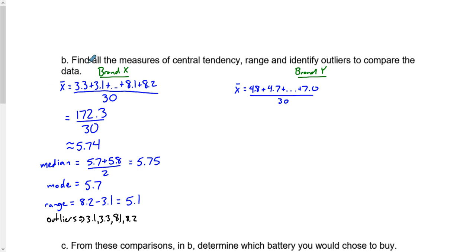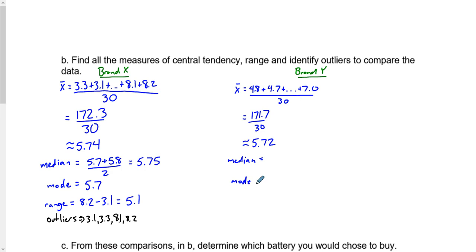So we add up all those values. We will get a sum of 171.7, which divided by that 30 is approximately 5.72. Our median can be calculated very similarly.